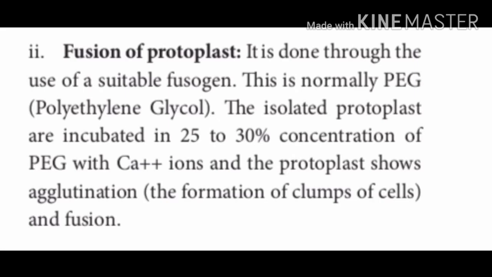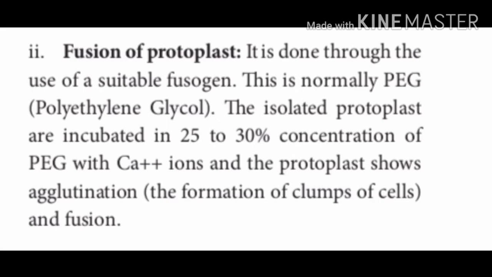This is what we have done in isolation. Now this isolated content is incubated in 20 to 30% polyethylene glycol with calcium ions for a certain period of time, and the fusion takes place. So this is how the second step takes over.